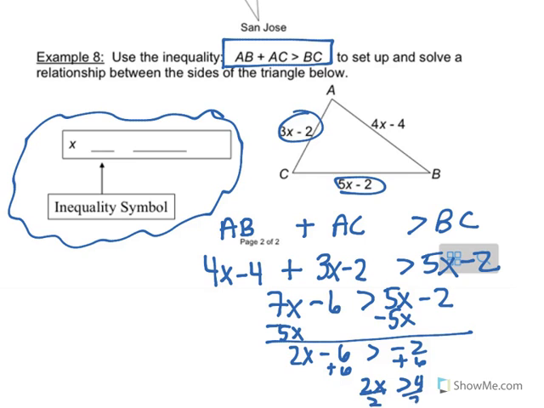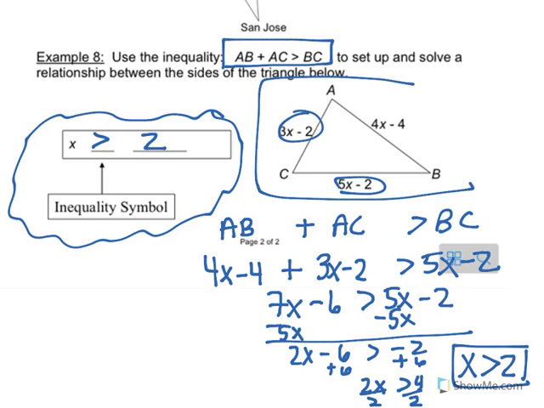Divide by 2, and x is greater than 2. So, for the relationship of this triangle to work out, x must be greater than 2 if we were to substitute x in here and have this triangle work out.